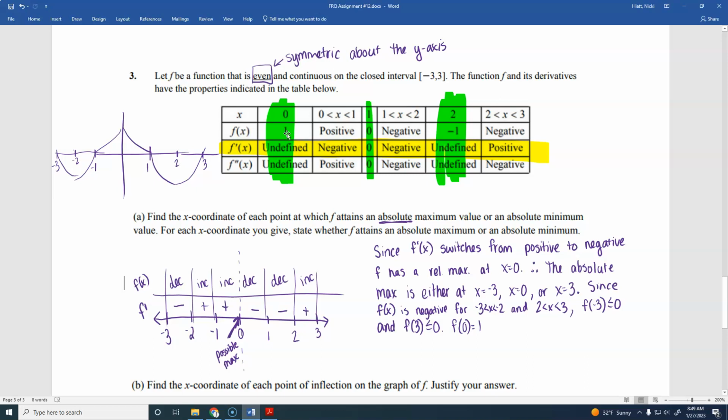So if we know the only possible maximums are at the endpoints and at 0, and the biggest we can have on these endpoints is 0, but our value here is 1, then we can assume that f has an absolute maximum at x equals 0.